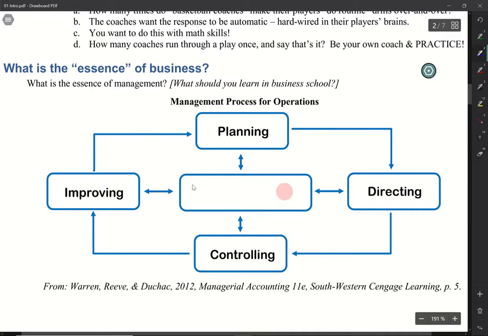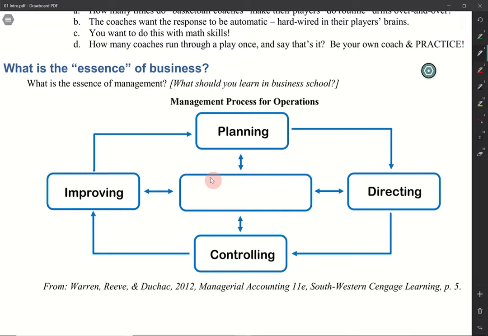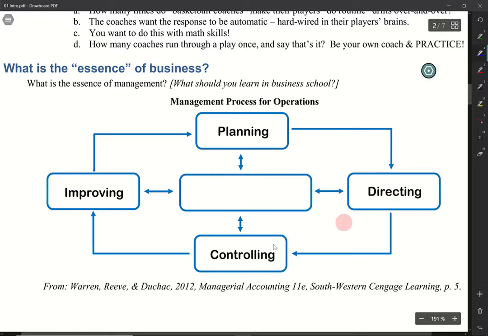But there's this one space in the middle, which is really the skill that you need to learn in business school. Does anyone want to take a guess at what it is? It's a phrase. What do planning, directing, controlling, and improving all have in common? And what do managers do?